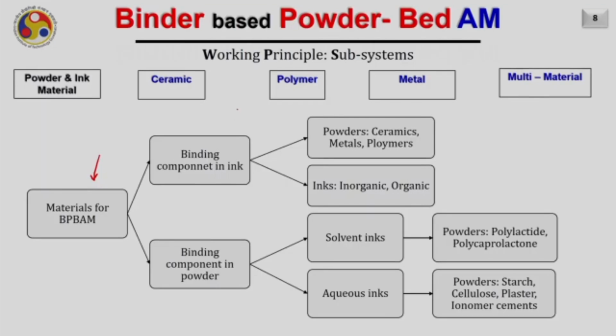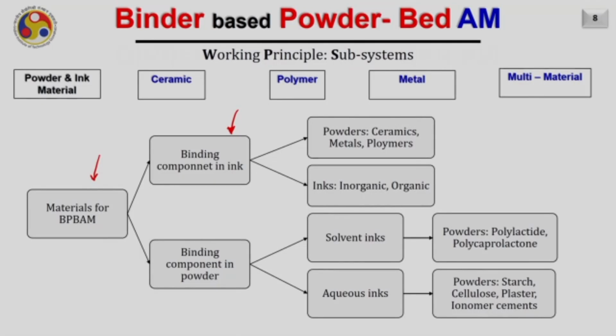If the binding component is in the ink, then you need not really worry to make the green part. You can use any material, because the binding agent is coming along with the ink itself. You can use ceramic as a powder material, metal as a powder material, or polymer as a powder material.